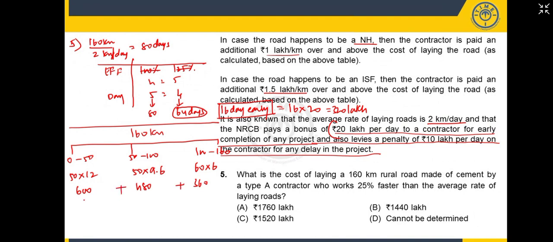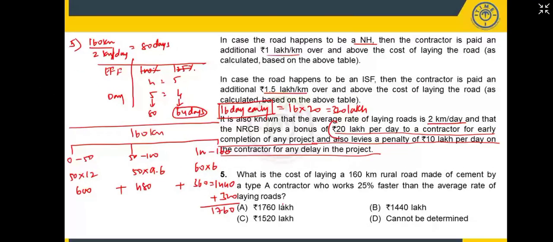Add all these, all of you. 600, 1080, 1440. So from the payment, he'll be earning 1440 plus 320 as bonus. So total 1760 as earning for finishing this contract. Answer is 1760 lakh.